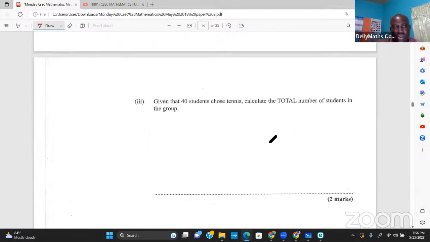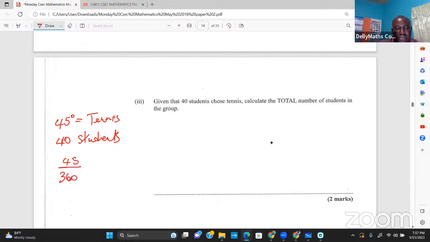Now, I could say 45 degrees, that's tennis. This same amount is 40 students. I could use percentage and then relate it. One way you could do it is to say 45 out of 360 times 100 will tell me the percentage that is 40.